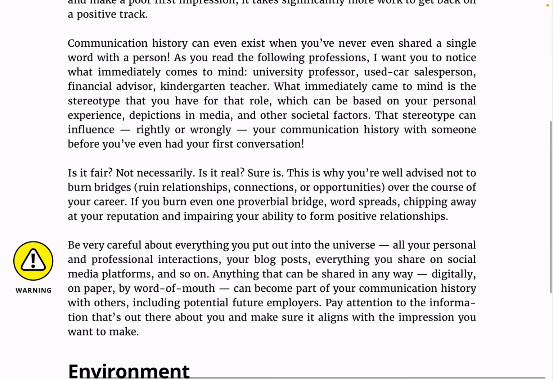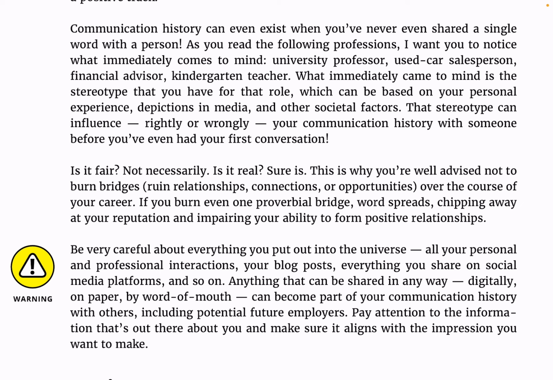Communication history can even exist when you've never shared a single word with a person. As you read the following professions, notice what immediately comes to mind. University professor, used car salesperson, financial advisor, kindergarten teacher.